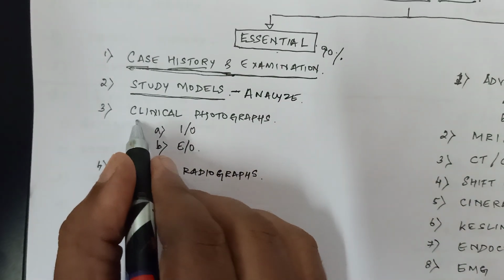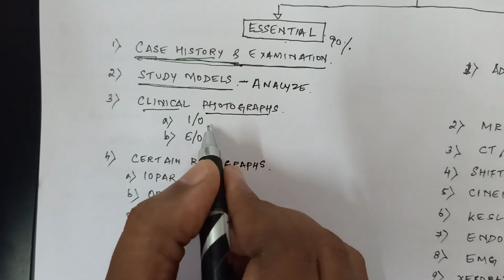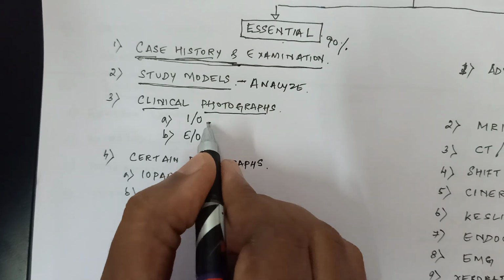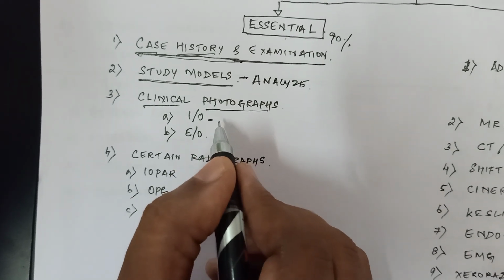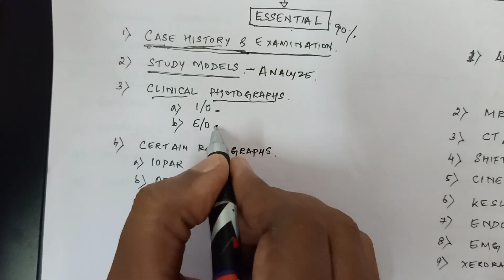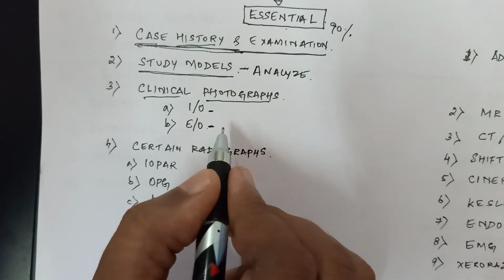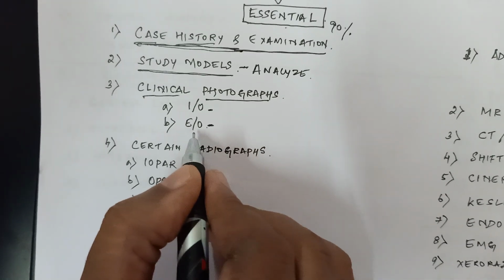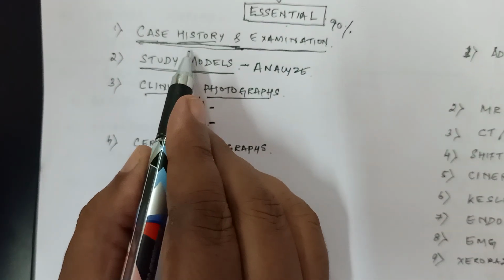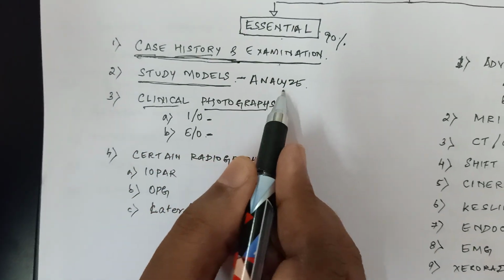And there are clinical photographs. We take clinical photographs. There are two types of photographs. Intraoral, where we take the teeth in different views. We ask the patient to bite, take the occlusal view and all that. And extraoral, that is the face from the side, from the front, oblique view, smiling, all these things. So you have case history and examination, which is very important. Study models, where we analyze the models.